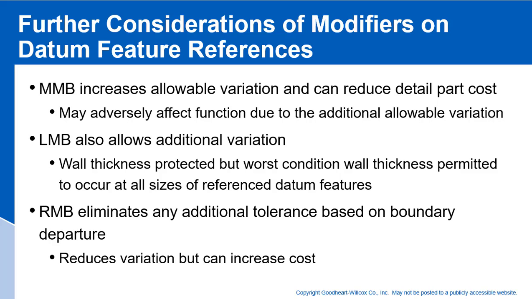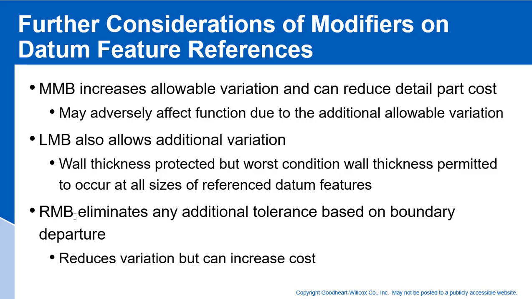We're typically worried about things like wall thickness. Can this section get so thin that it's going to cause us problems? Wall thickness is protected, but worst condition wall thickness is permitted to occur at all sizes of the relative features. So the typical application for least material boundary or least material condition is protecting the thickness of an edge distance.